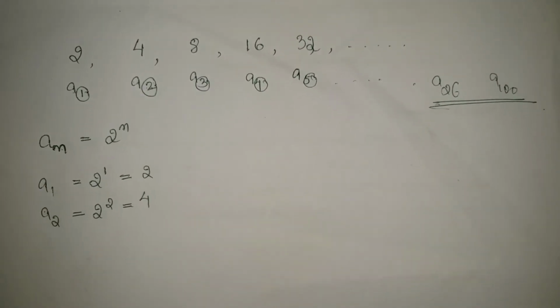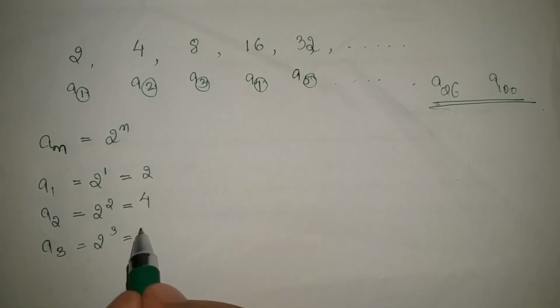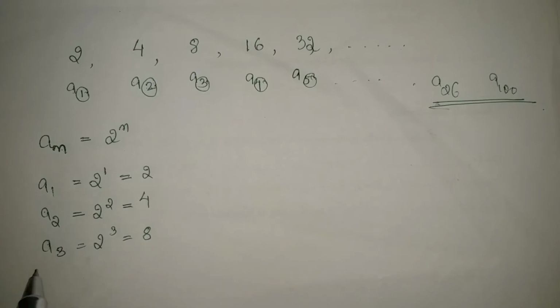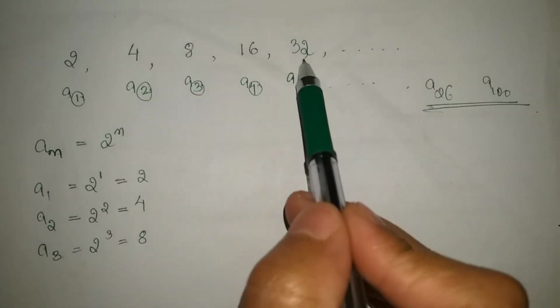Similarly, for the third term, a3, 2 to the power 3, which is 8. Similarly, a4, that is 2 to the power 4, will give me 16. a5, which is 2 to the power 5, will give me 32.